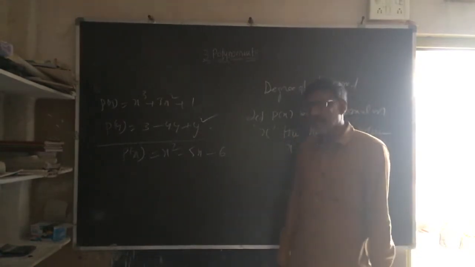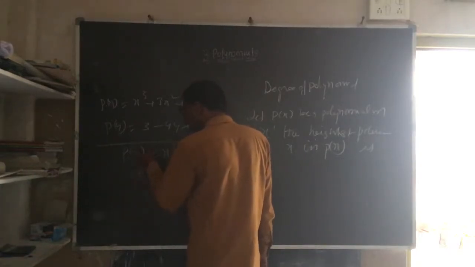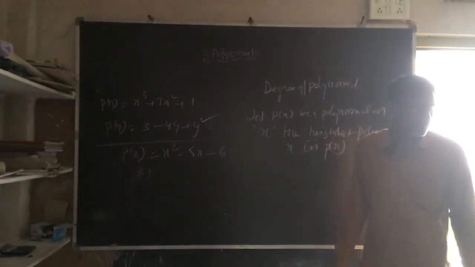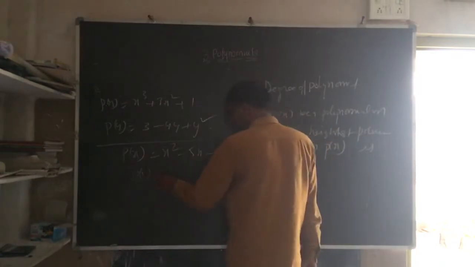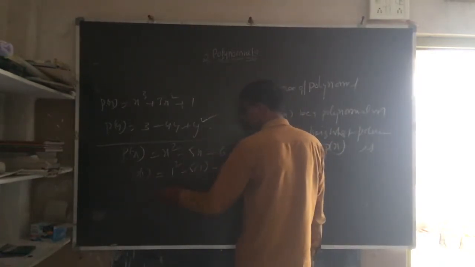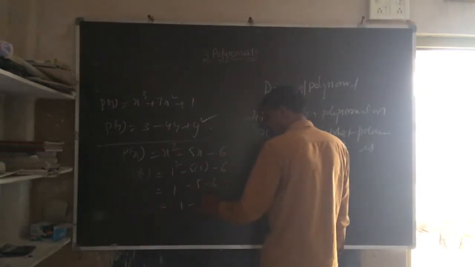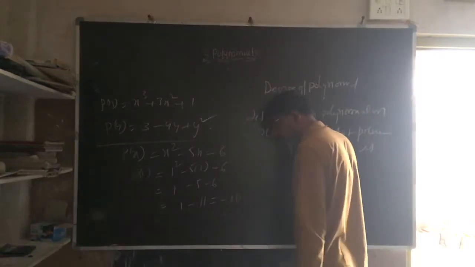Now I will find the values of polynomial by taking P of 1, that means x value is 1. 1 square minus 5 into 1 minus 6, 1 minus 5 minus 6, 1 minus 11, that is equal to minus 10. Am I right or not?